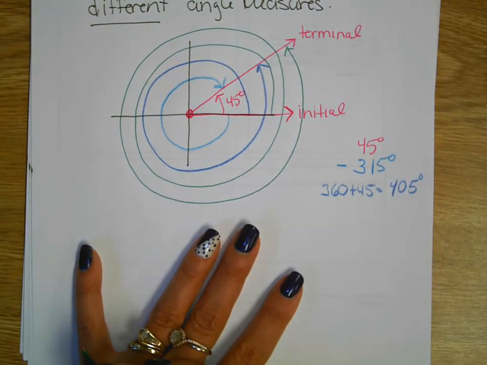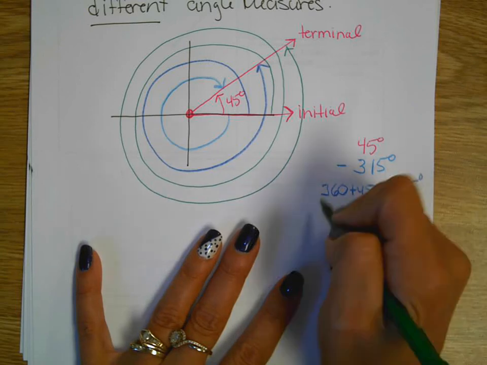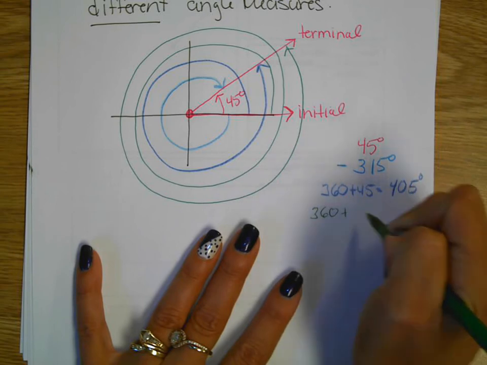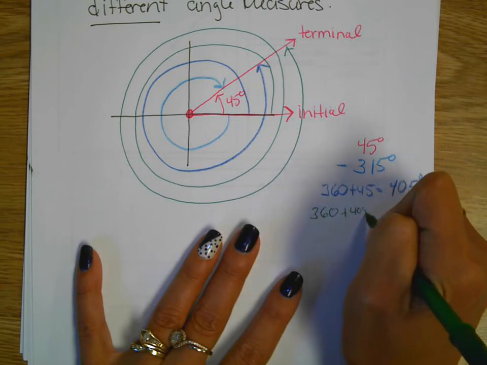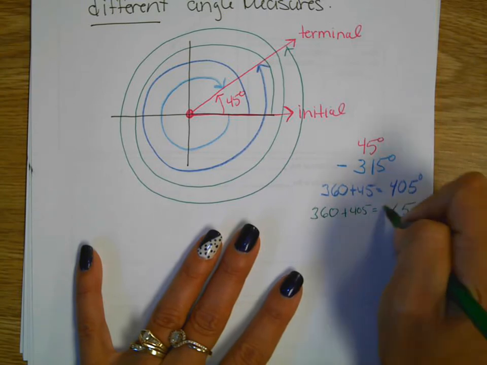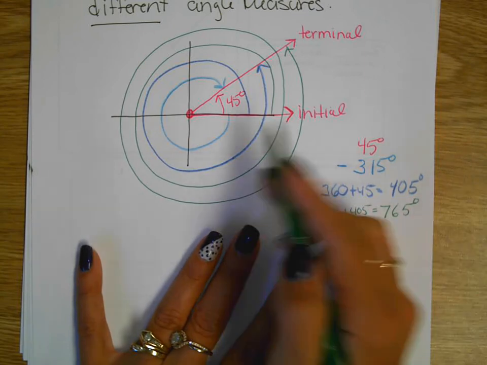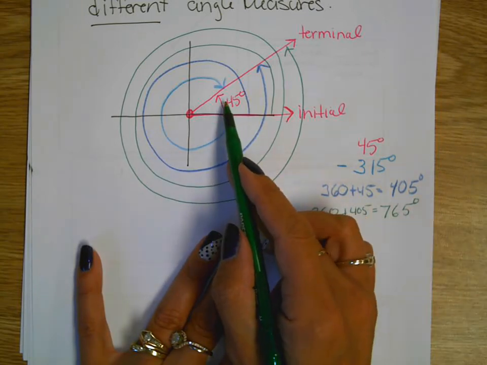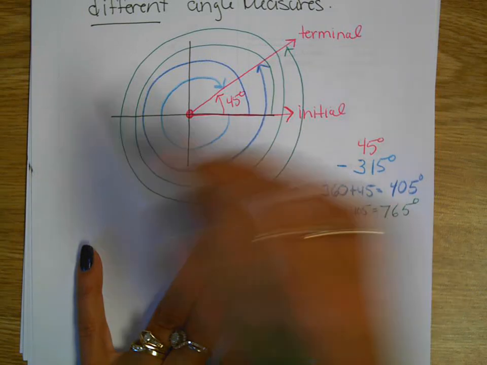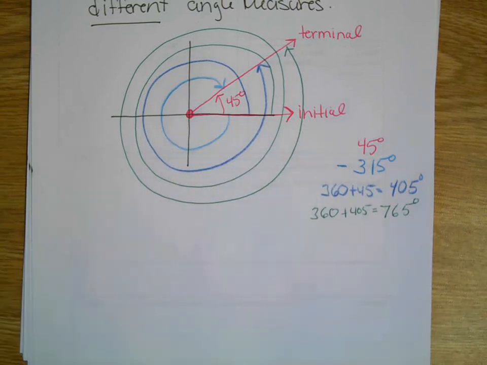So all I've got to do is I went another full rotation around this one. That's going to be 765. So in essence, what do we need to do? Just keep adding 360s to this 45. Or subtract 360 from the 45.